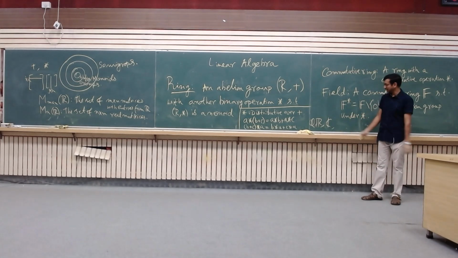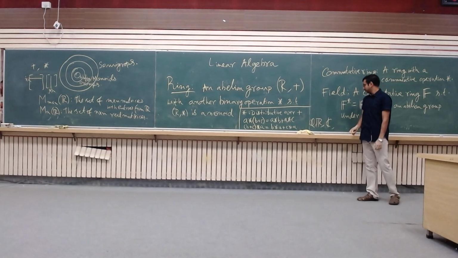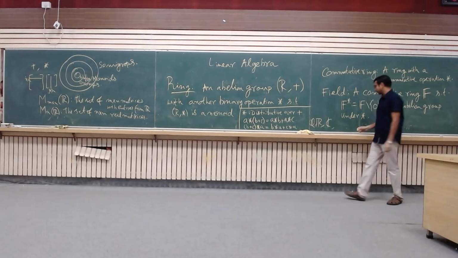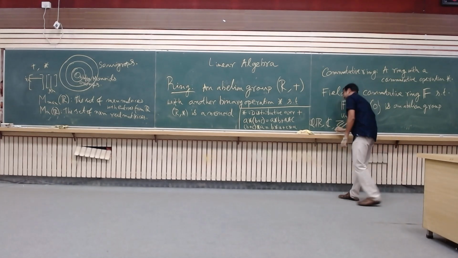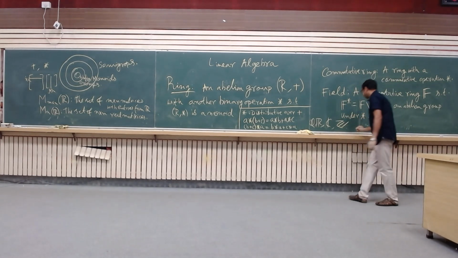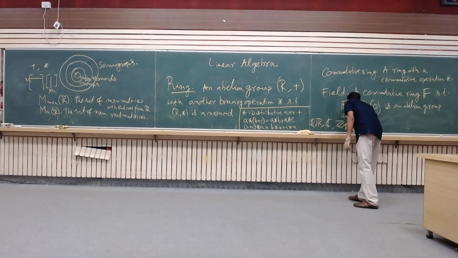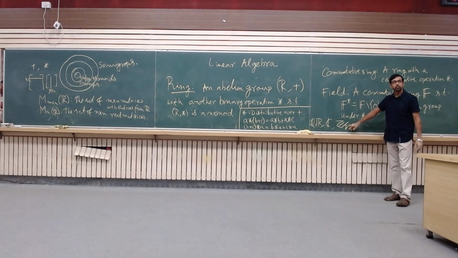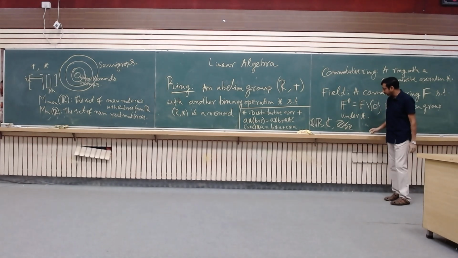Are there any more fields? There are plenty of fields actually. For example, last time we were talking about Z modulo, the residue systems. So Z modulo pZ, the residue system modulo p for any prime p, forms a field. We'll see this.